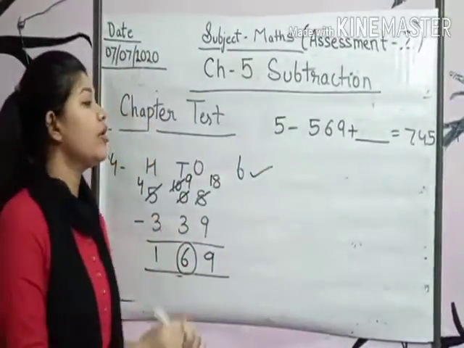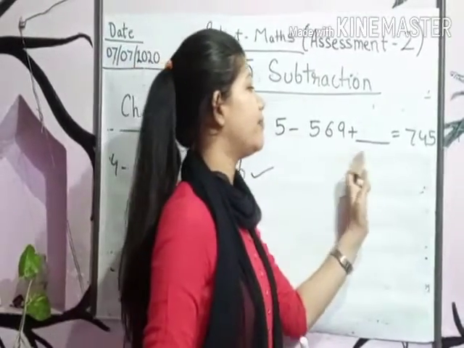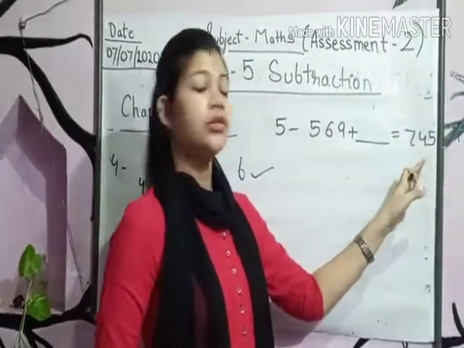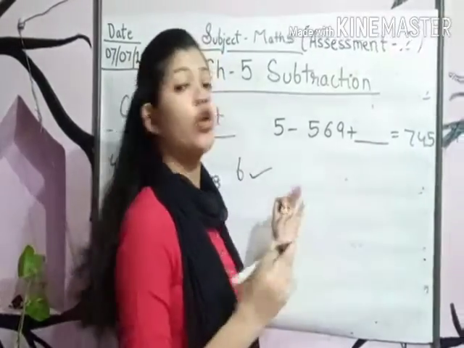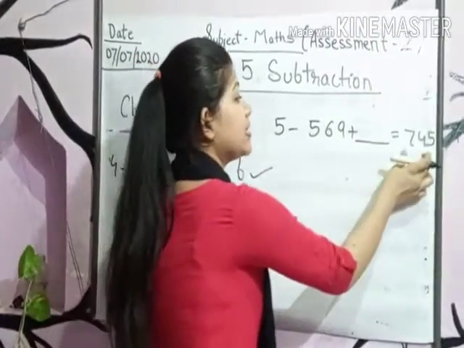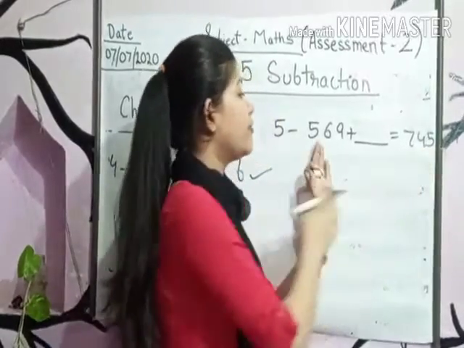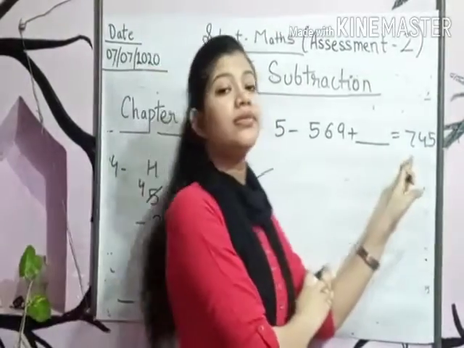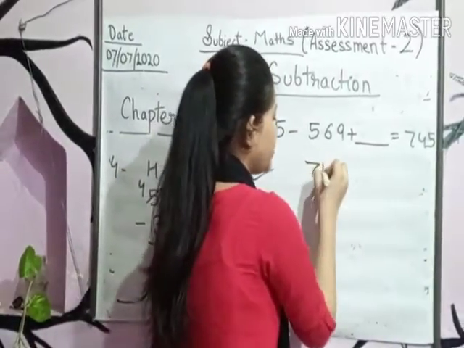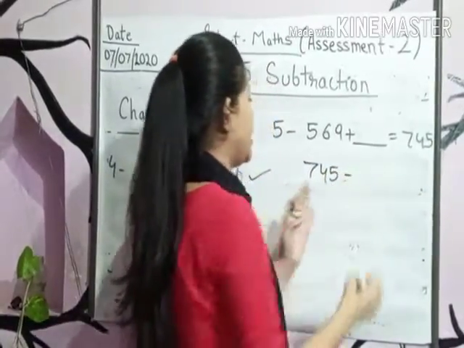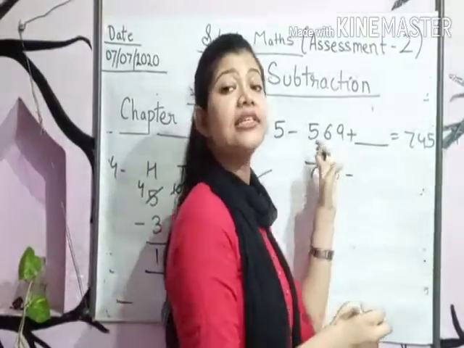So 569 plus dash is equal to 745. So what we will do, we will subtract first addend from sum. Yes, so let's write sum as minuend minus first addend as subtrahend.